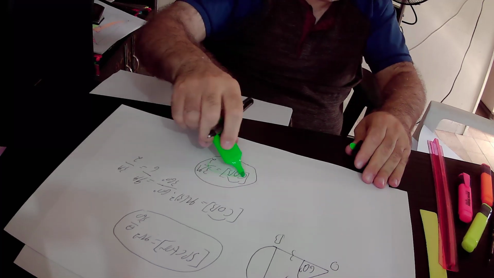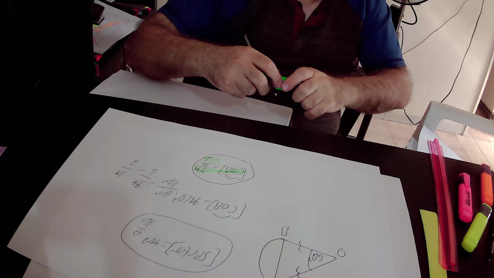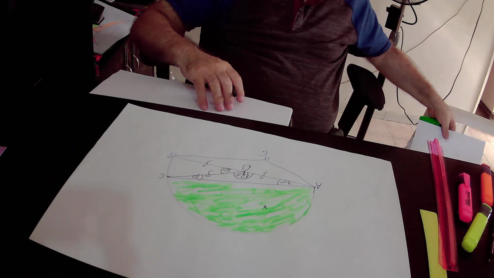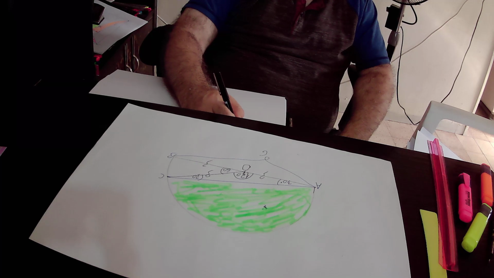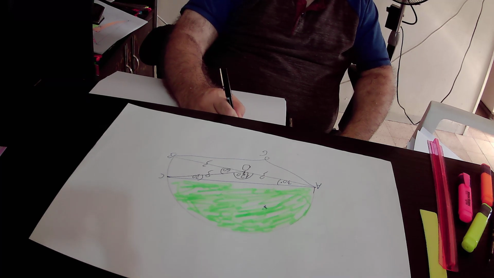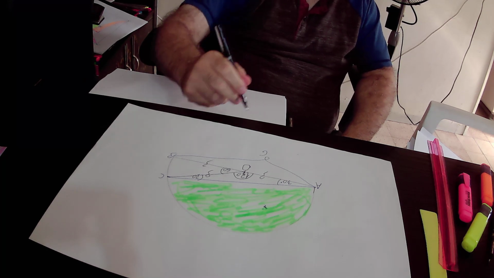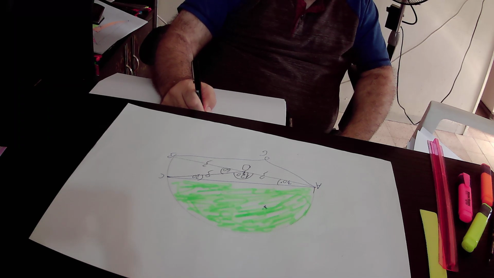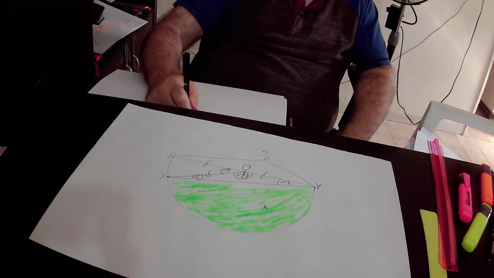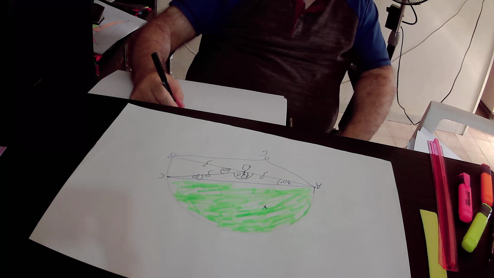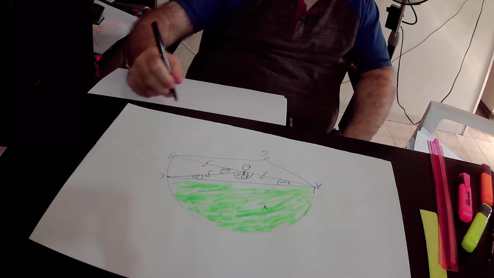According to the second method, the area of the green shape equals the area of the semicircle minus the area of triangle AOC minus the area of sector COB.